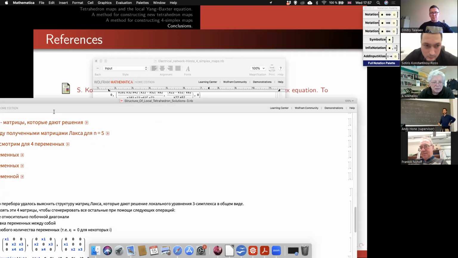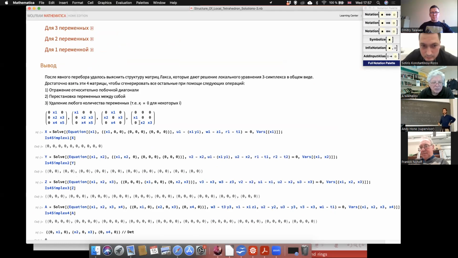I think you can see my screen now, yeah? So in the case of the solutions to the local tetrahedron equation, these are the general maps. All the rest follow if you put one of them to 0.